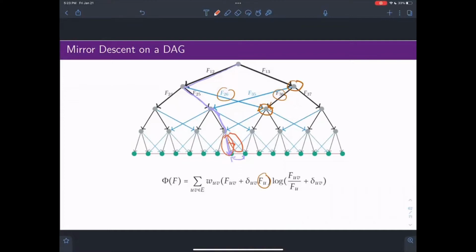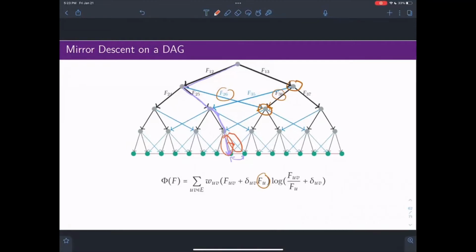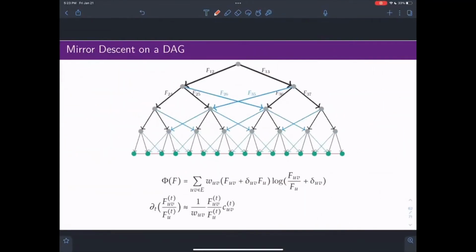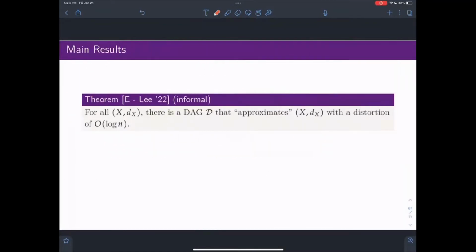So then the dynamics on this DAG would also be defined similarly to the previous one. And what we can show is that this dynamics is log n squared competitive in this metric. Note that it's not log n competitive as it was for the case of HST. So what's the reason? The reason is that by building this DAG, we still pay a log n factor in terms of the approximation.